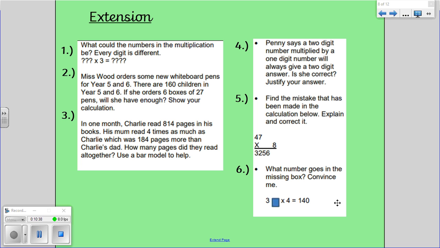These questions want you to explain. They don't just want the answer, they want you to prove it, explain. So you might want to write an explanation, or you can draw out the problem and show why you think that is the correct answer. So if you're ready to challenge yourself, then have a go at these extensions.